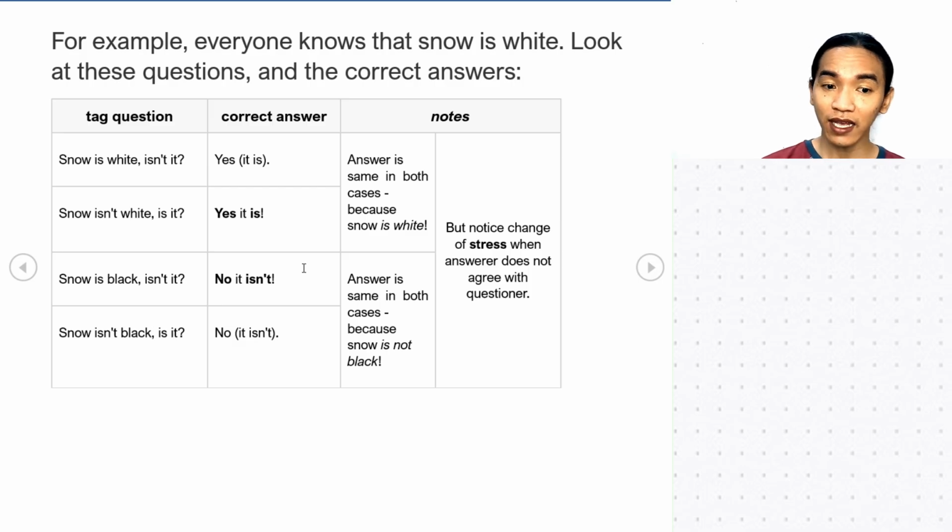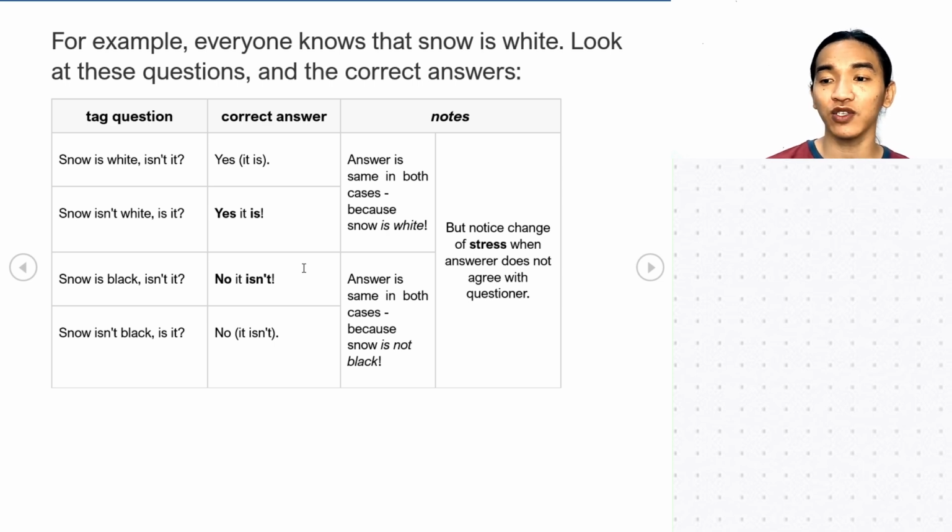Yes, it is. In the second tag question, there is an implication of confusion and you want to confirm. Snow isn't white, is it? Oh, yes, it is, right? The answer is the same in both cases because factually snow is white.